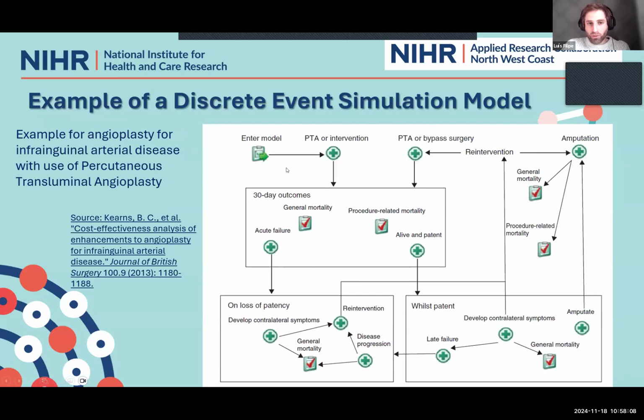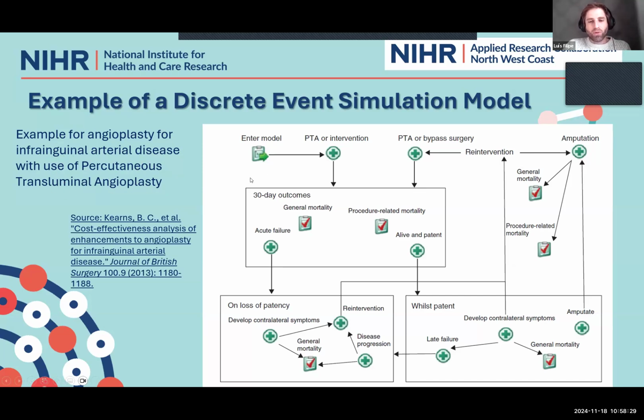So I'm just going to show you this example. This is from a student of mine that is working on this, and she may or may not use something like this. This is an example for angioplasty for intrauterine arterial disease with use of percutaneous transluminal angioplasty.